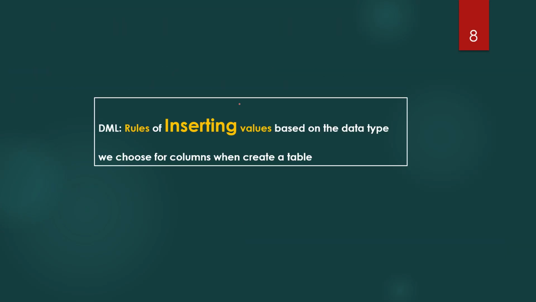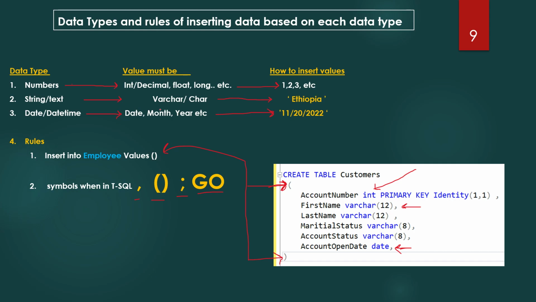So, the rules of inserting values based on the data type we choose for columns when creating a table. If you pick numbers, if the column needs to be a number, you have to select which numeric type you want.